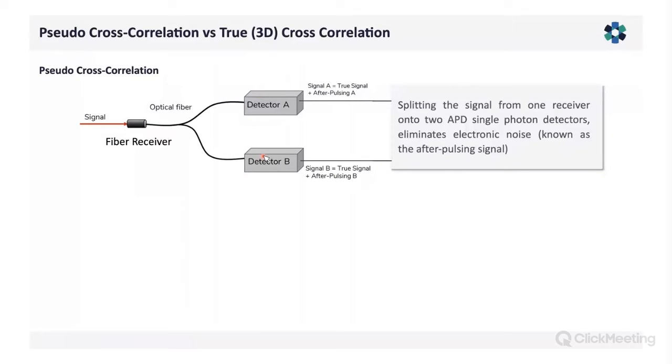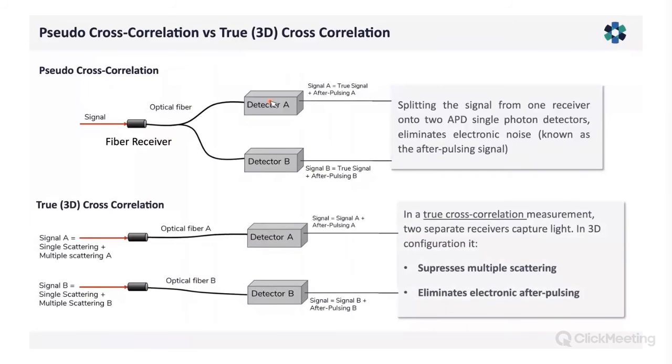This gives you exactly the same signal, but it removes correlated noise between the detectors, because you have two different detectors, so they don't know of each other. So you can suppress detector noise, which is called afterpulsing, and this is important to study fast processes, but has nothing to do with multiple scattering suppression. Now, in true cross-correlation, we have two detectors and two fibers and fiber receivers, and they are cross-correlated.